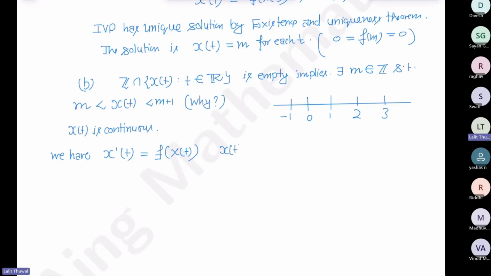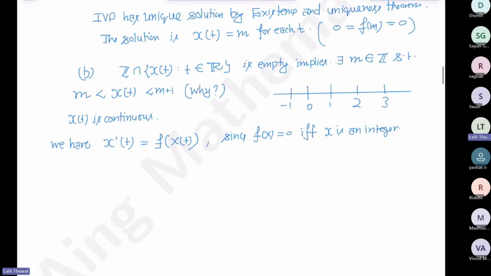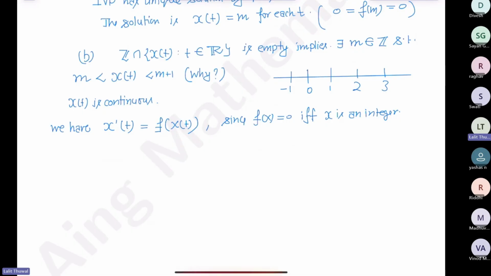Since f(x) is 0 if and only if x is an integer, does this mean that between m and m plus 1, f will have the same sign? Yeah, very good. So f(x(t)) never vanishes, right?